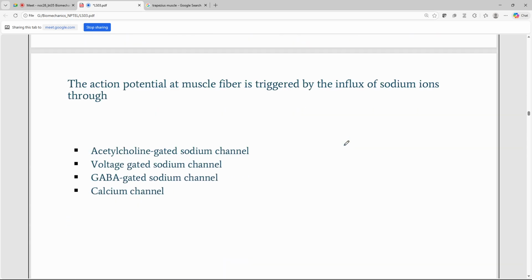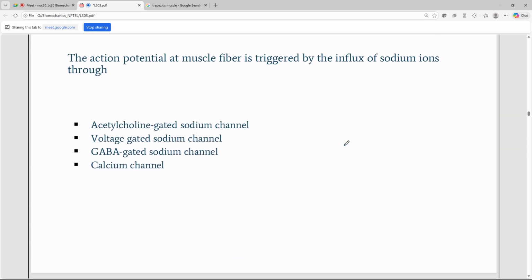Next question. The action potential at the muscle fiber is triggered by the influx of sodium ions through which of the following?